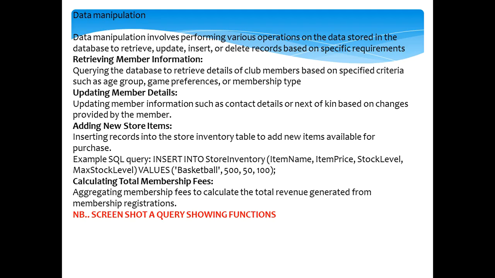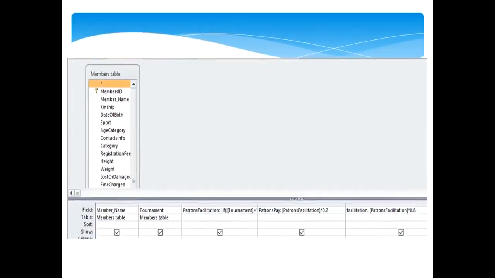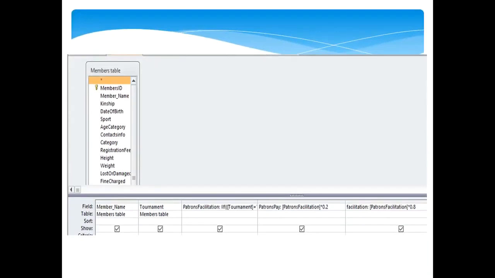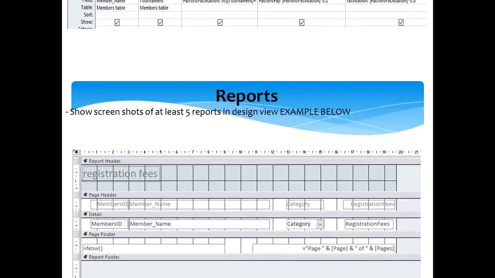Actually here, you can screenshot a query trying to show how calculations are done. So screenshot a query showing functions. Like for example here, you can see I have screenshot the query membership table showing how to calculate patrons pay, patrons facilitation, and generally the facilitation fees.